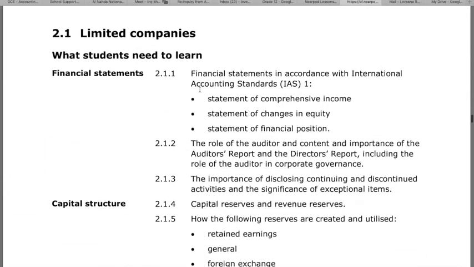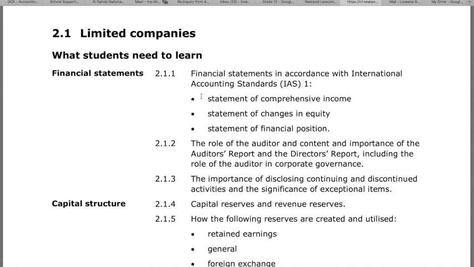Now, in limited companies, in IGCSE, it was very, very, very simple. All you studied was the statement of financial position, and then appropriation you did, and changes in equity. That's all we looked into when we did the IGCSE.